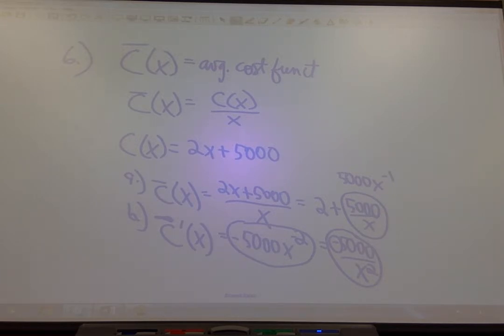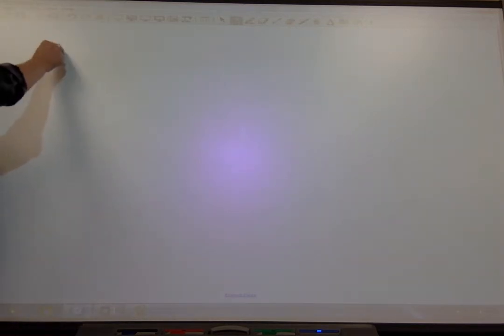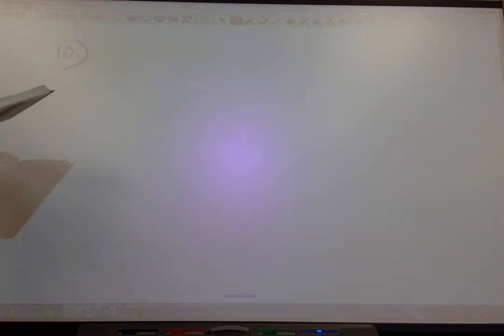that's good. 10 is on marginal revenue. Now this is where I wanted you to look closely at this question, because sometimes there's been a little confusion on how to form what we need here, but I think you'll see it just fine. Let's see. Number 10 says, this is for speaker systems.